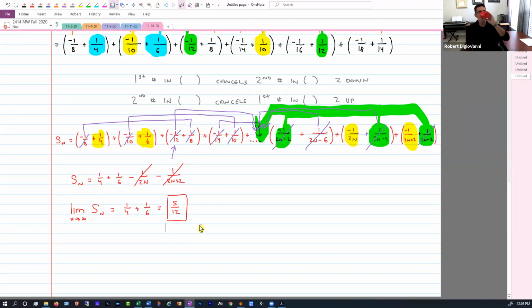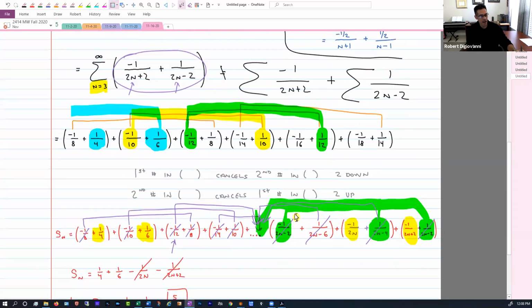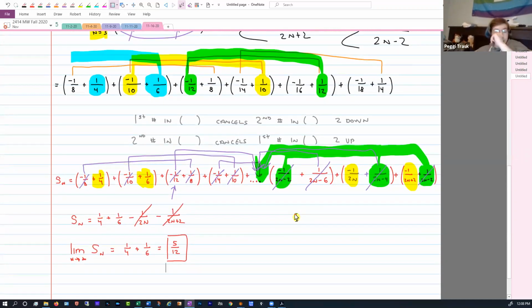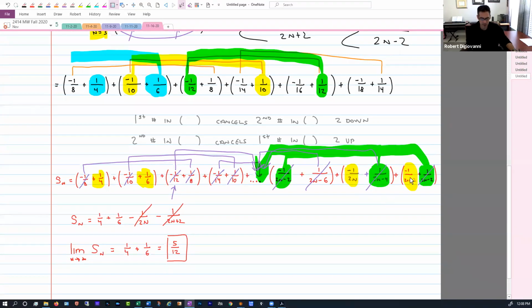What do you think? You have to show. I have a question. I know you said it might be obvious, but it wasn't. Why did the 1/2n and the 1/(2n+2) cancel out? I'm talking about S sub n. But why did those two go?